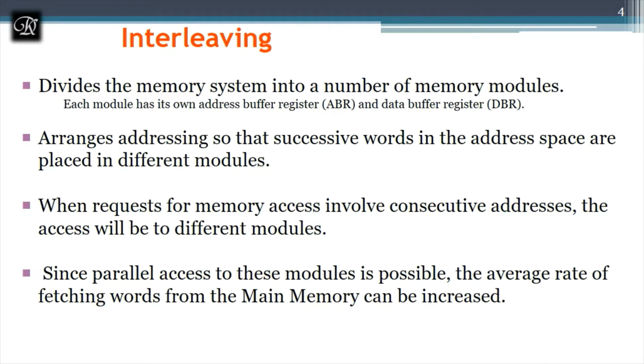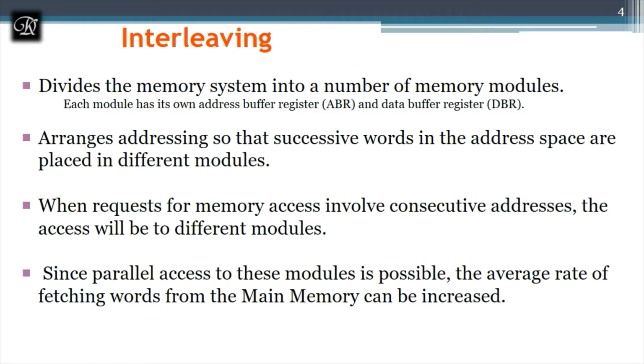So when I'm accessing consecutive addresses, the system will be accessing consecutive, different modules, so that the task can be done in parallel. Since parallel access to these modules is possible, it is of course going to increase the performance of the computer.